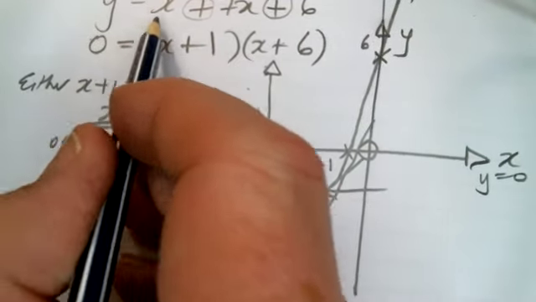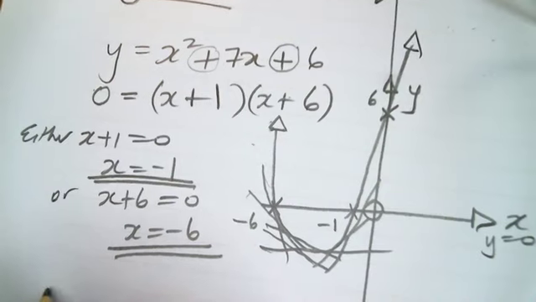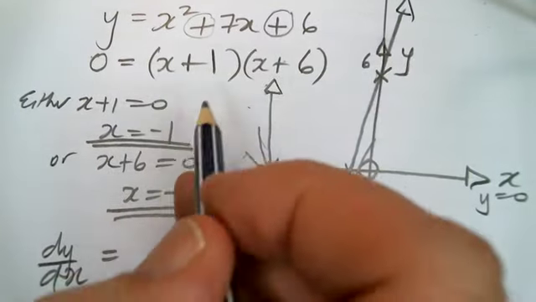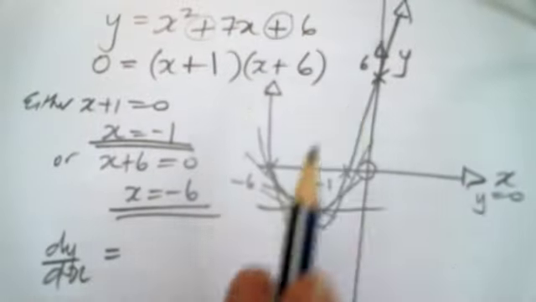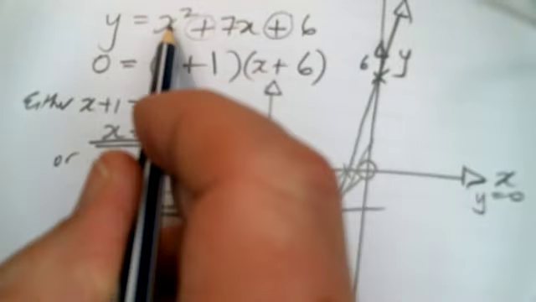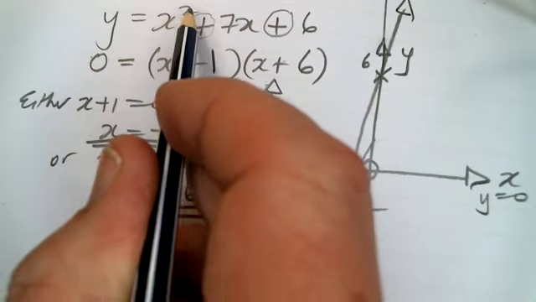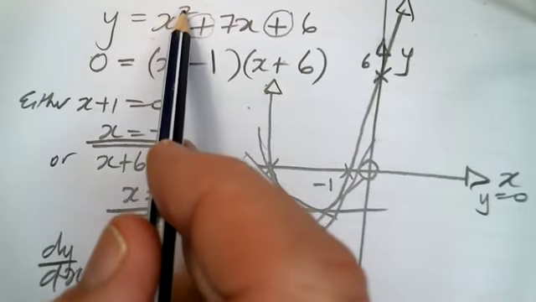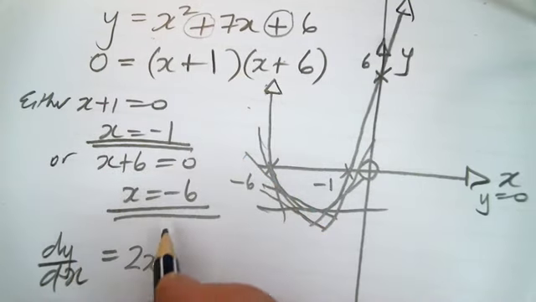So let's differentiate this. So I'm going to say dy over dx is equal to, now I've already stated the function, so I'm just going to now take this one. I've got 2 times 1 is 2 with an x after it. I reduce the power by 1, so this is going to be 2x to the power of 1.